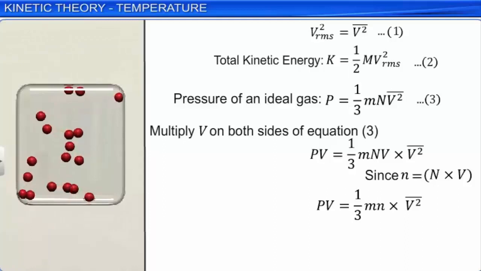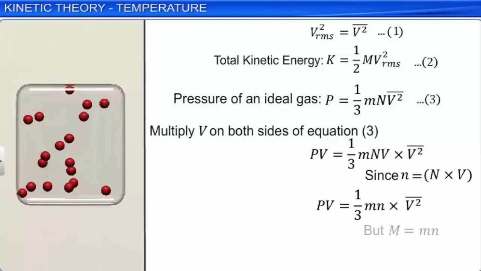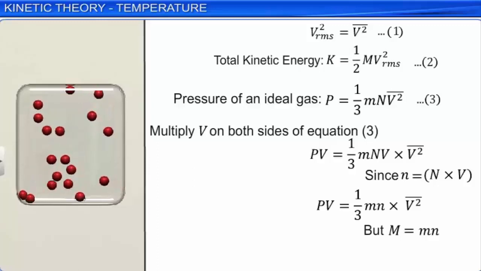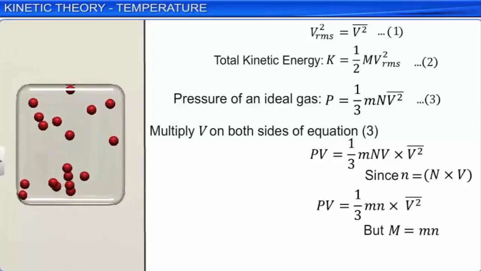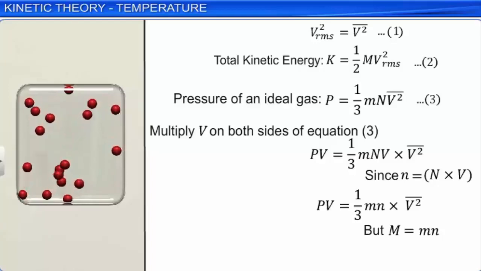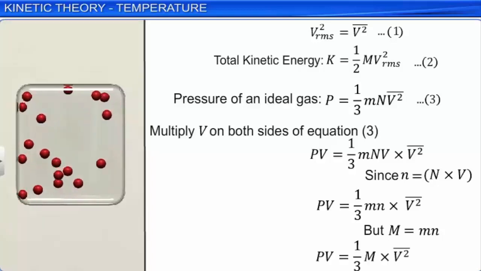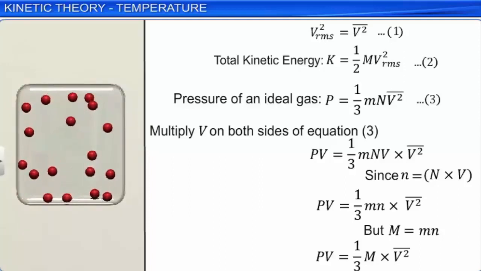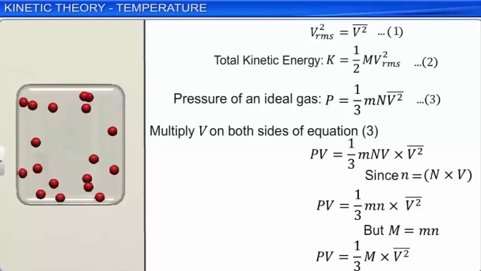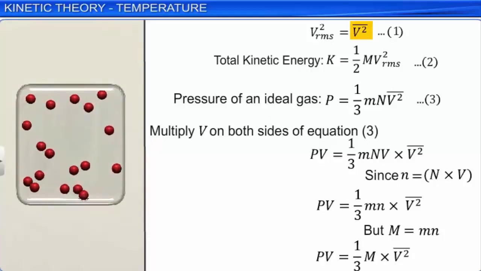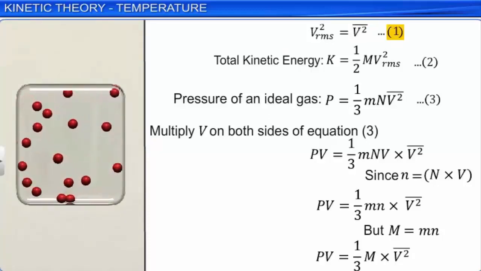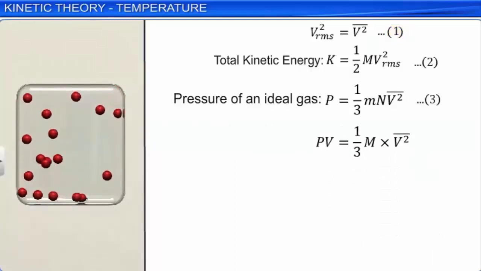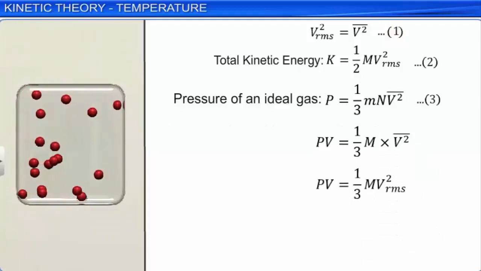But the total mass of the gas M is equal to m multiplied by N. Then the above equation can be written as PV is equal to 1 by 3 M multiplied by v square bar. By substituting the value of v square bar from equation 1, we get PV is equal to 1 by 3 M multiplied by v_rms square.